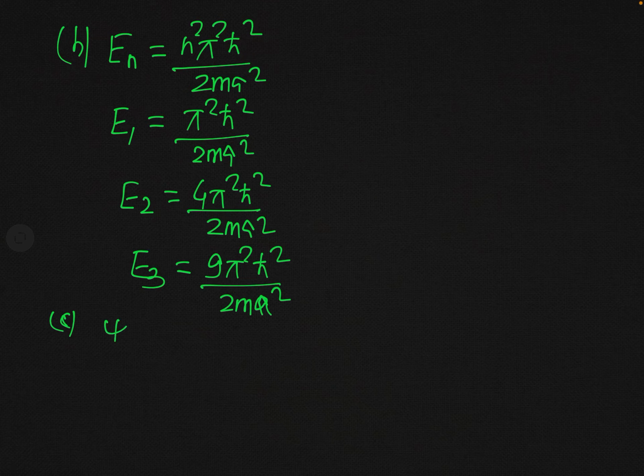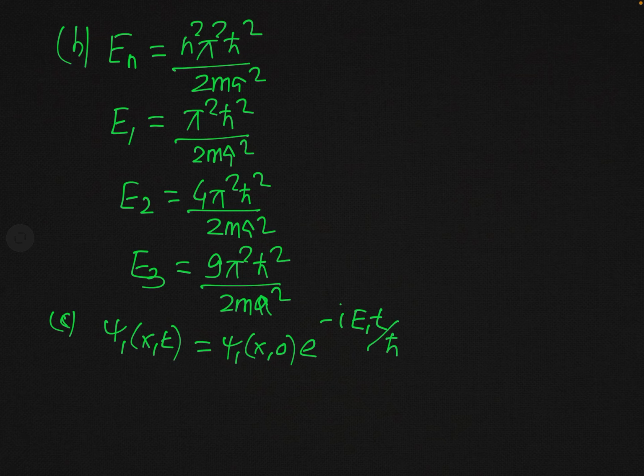Now you know how time evolution we consider. You know that psi1 of x,t is actually given as psi1 of x,0, or you may simply say psi1 of x, times e raised to the power minus i E1 t over h bar.